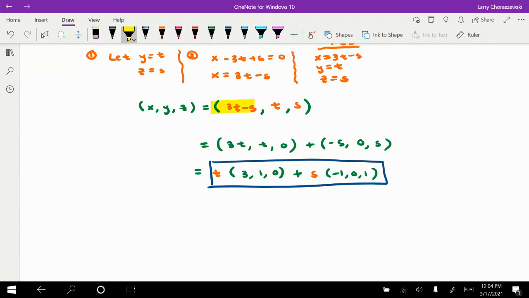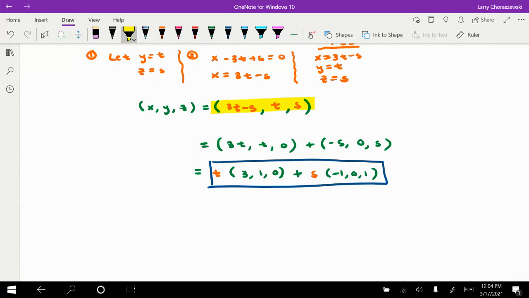By splitting this up into two vectors corresponding to the two parameters, any solution to this homogeneous linear system has this format, which is basically a linear combination format in disguise, right? You can think of T and S as the coefficients of the linear combination.